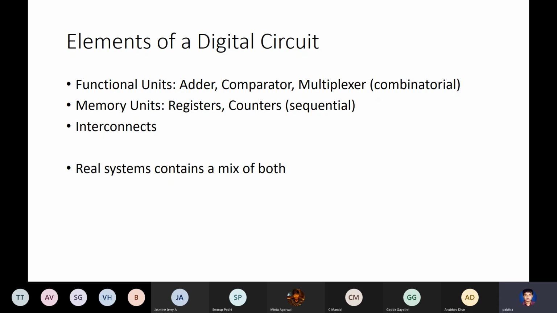We have seen storage units like registers and counters, which are basically sequential circuits, and you can have a connection between them. So when you are building a real digital system, for example a CPU, there will be a numerous number of such functional units as well as memory units or data units with interconnections between them.